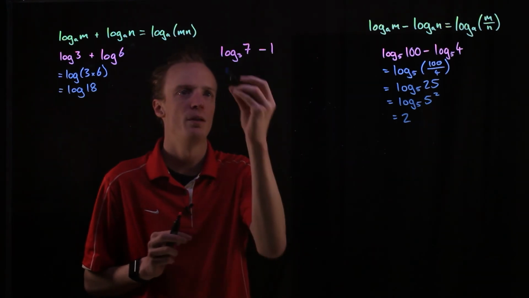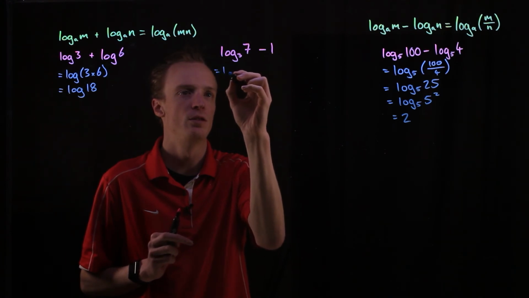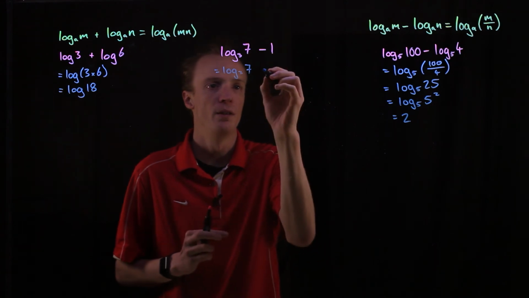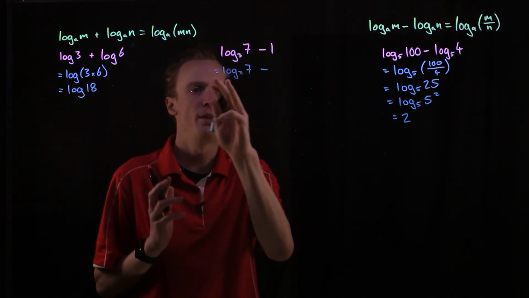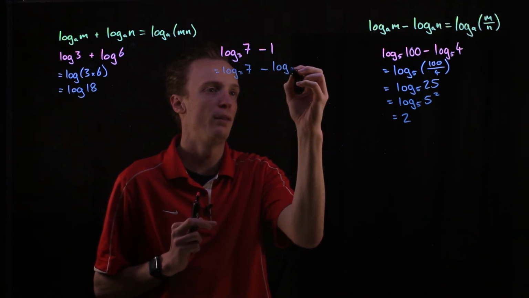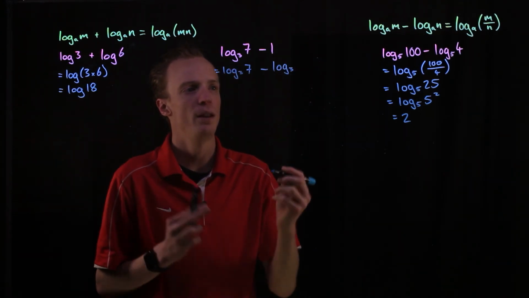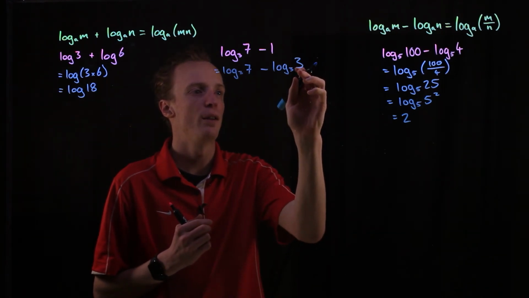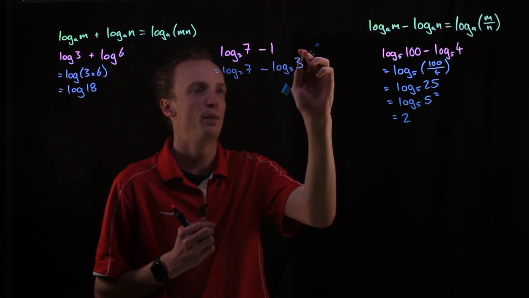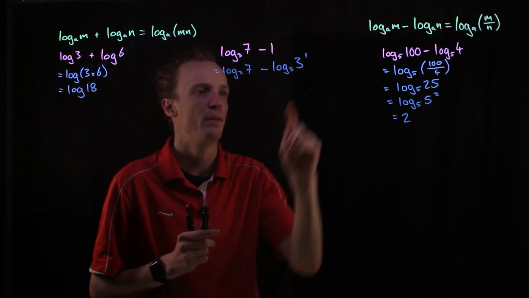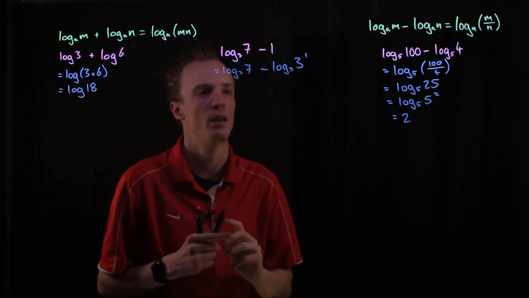So this is just equal to log base 3 of 7, and this can be subtract. If I'm going to rewrite this as a logarithm base 3, I'll need to keep the base of 3 here, but when I evaluate this, it is going to be 3 to the power of whatever the exponent is, so the power of 1. So this is 3 to the power of 1. These two are equal to each other.